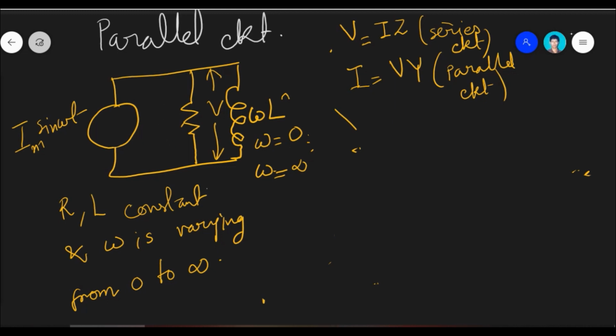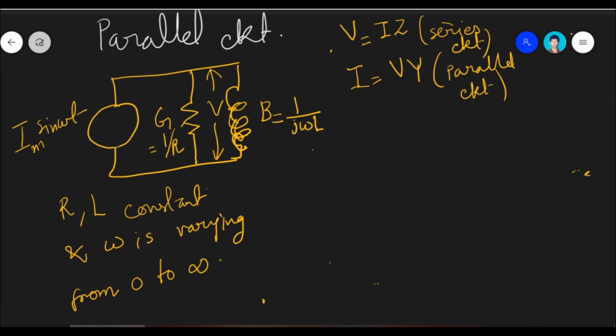So if we want, this will become G is equal to 1 by R, and B is equal to 1 by j omega L. Now see the beauty.